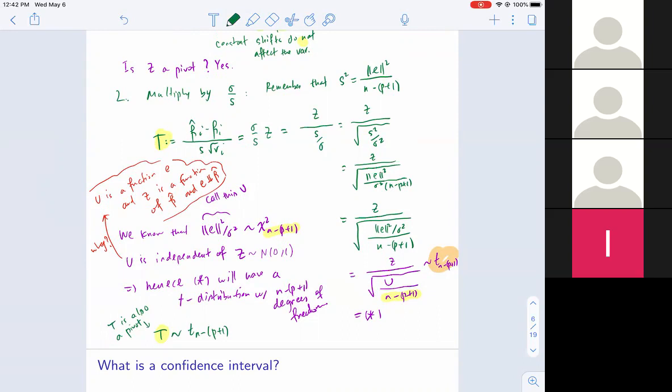The probability that it lies between two values of a distribution... So it's close, but you have to make it a little bit more precise.